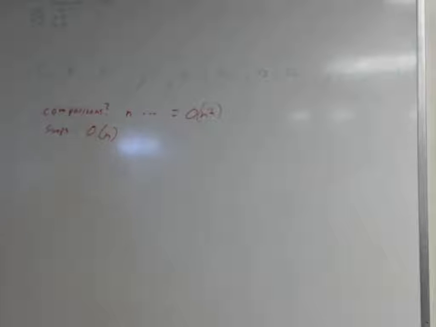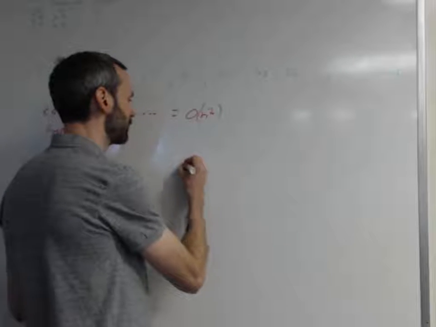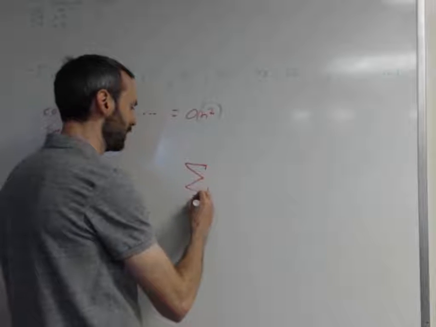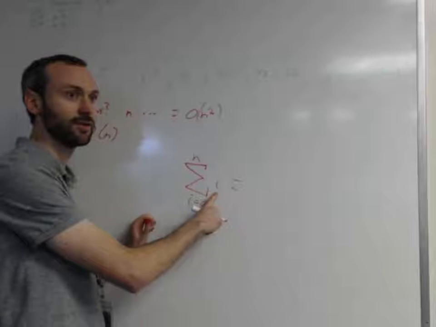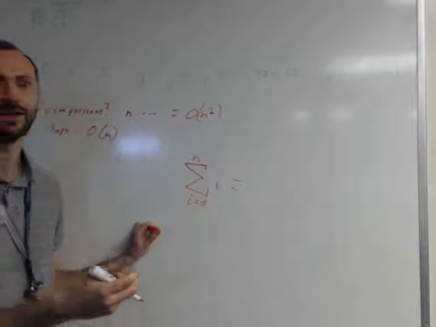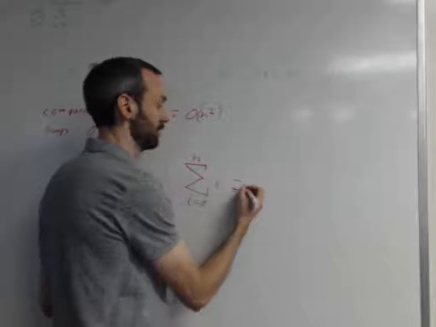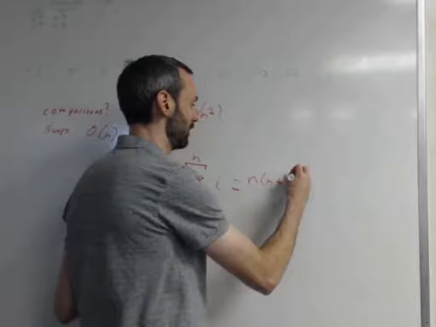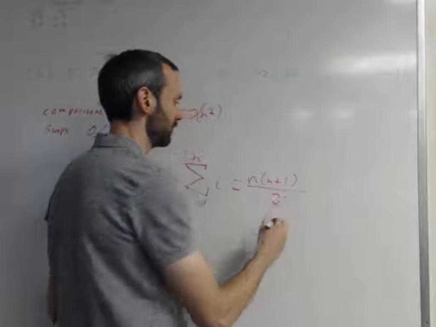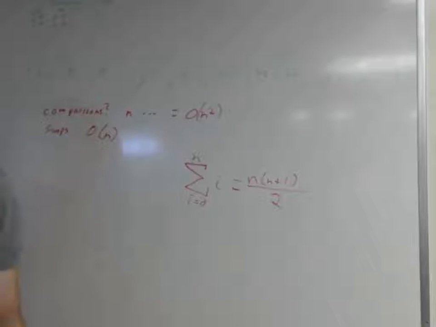In discrete math, you did the all-important computer science formula: the summation of i from 0 to n of i, 1 plus 2 plus 3 all the way up to n. What'd that one equal? N times n plus 1 over 2. Remember, that's the all-important computer science formula.